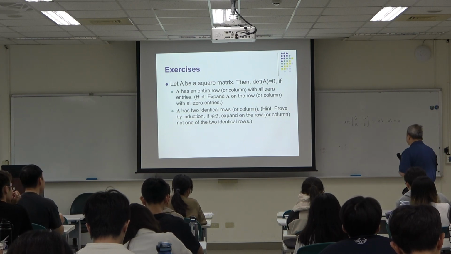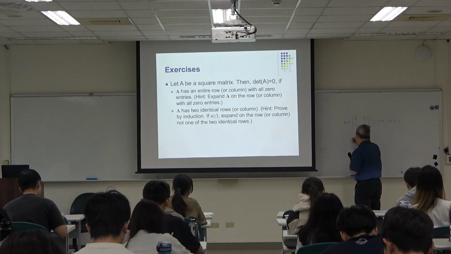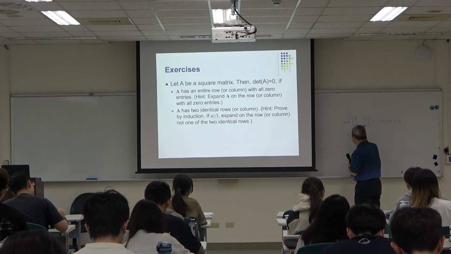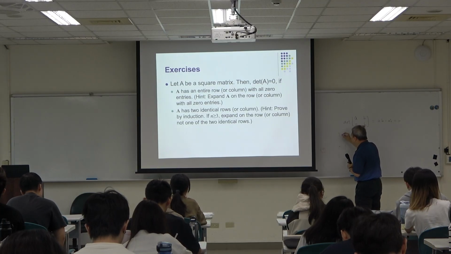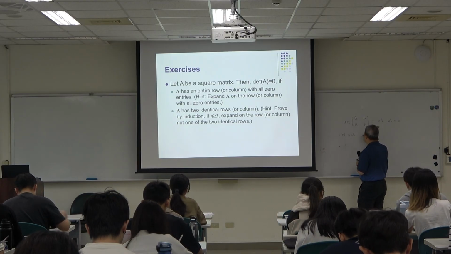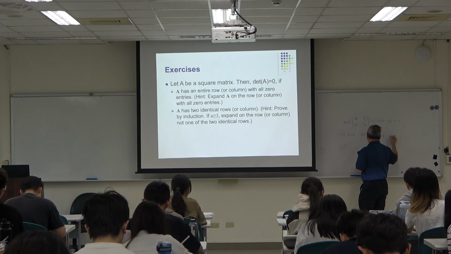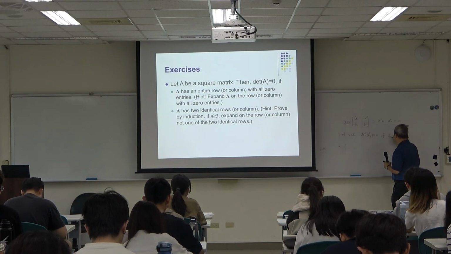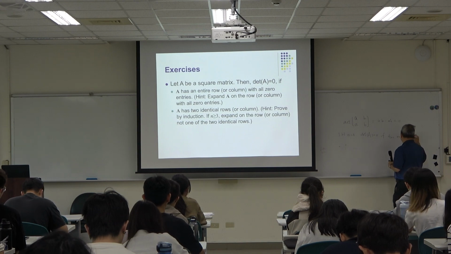So if this property holds for n smaller than k, the induction hypothesis, then for n smaller than k, the determinant of A is 0 if it has 2 identical rows or 2 columns.